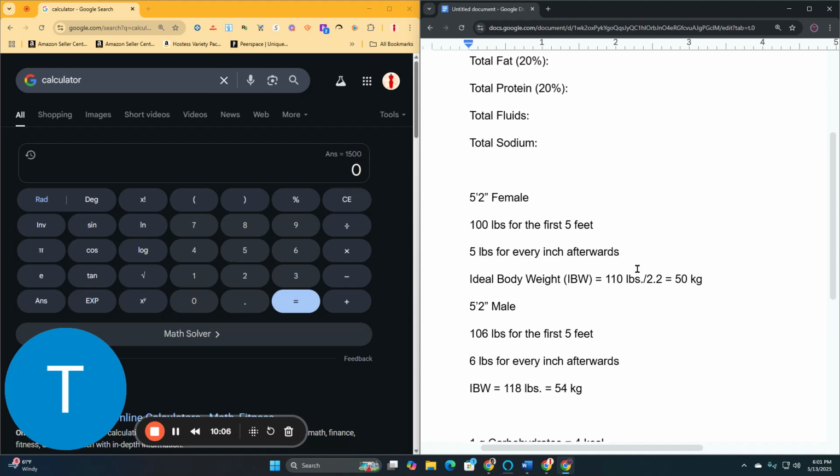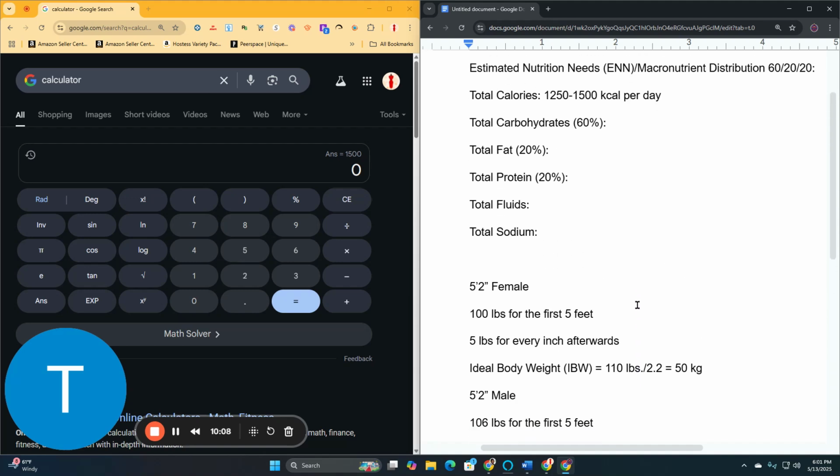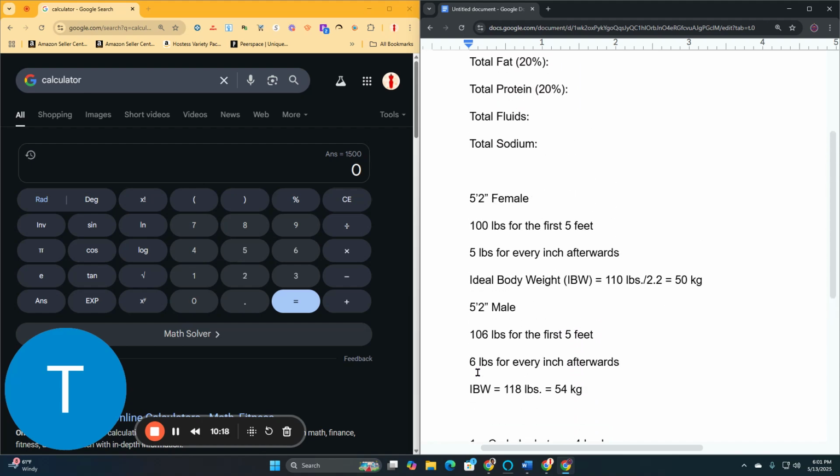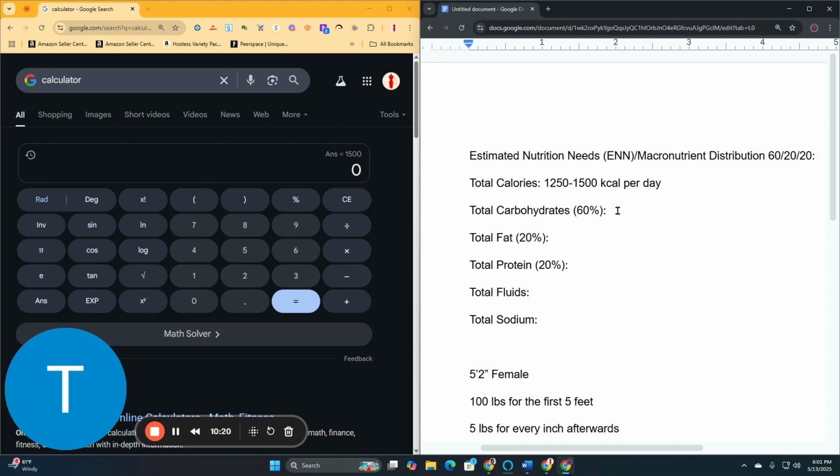So with that said, we have to take 1,250 calories and divide it by the 4 calories to get how many grams of carbohydrates this should be for 60%. So here's what we have to do. We have to do 1,250 times 0.6, excuse me, that's 60%. Okay, 750 divided by 4 calories. So that will give us the number of carbohydrates in grams.